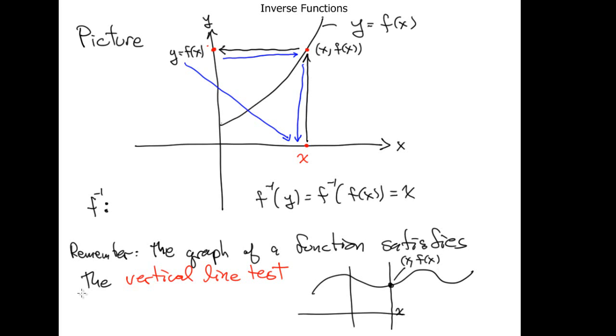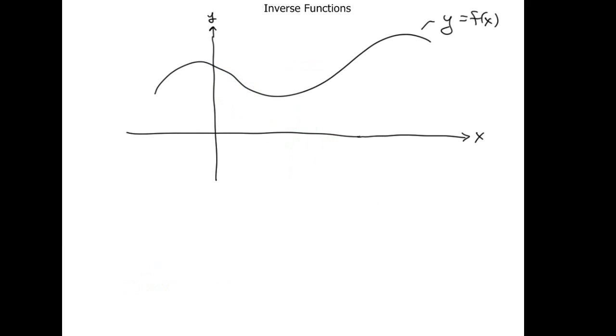Okay, so why is this a problem? Well, when you're computing f of x, it's not. But when you compute the inverse, you're changing the roles of x and y. And so here, for example, you have x and you go up and you compute f of x and you go compute y. But now if you want to go backwards, you're going to start at y.